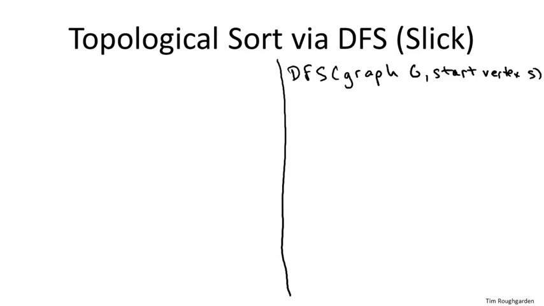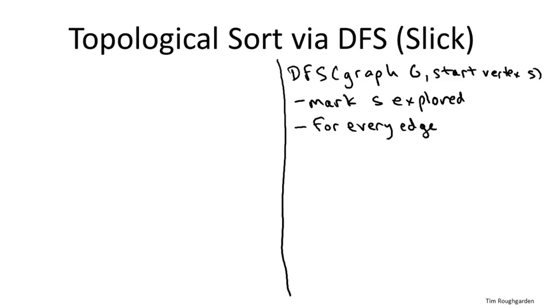That's because in computing a topological ordering, we better give every single vertex a label. We better look at every vertex at least once. So to do that, we'll just make sure there's an outer for loop, and then if we have multiple components, we'll just make sure to invoke DFS as often as we need to. The second thing we'll do is we'll add a little bit of bookkeeping, and this will make sure that every node gets a label. And in fact, these labels will define a topological ordering.